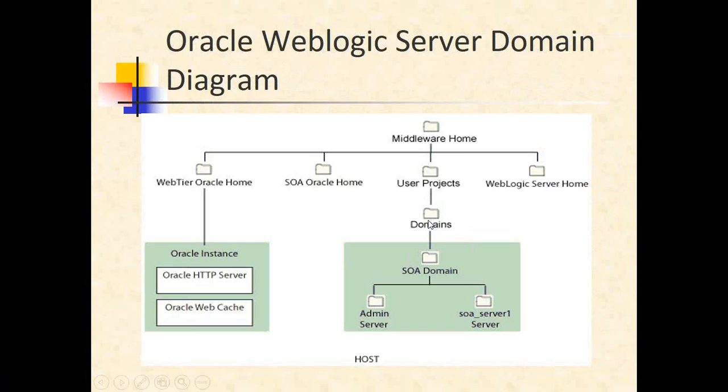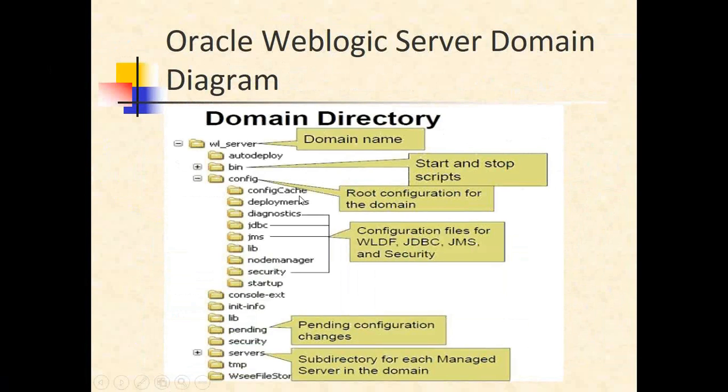Under domain you will find your domain name. So till domain name is the base directory. Under the domain you will find all other domain related resources like the servers directory, where you can find admin server, managed server, and config directory.